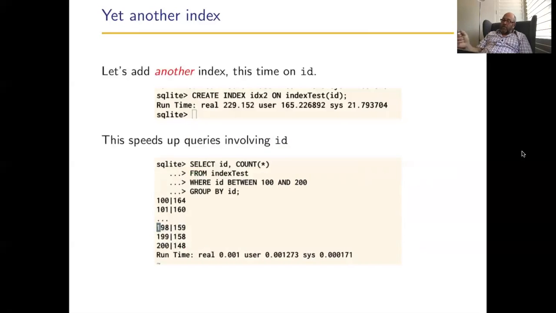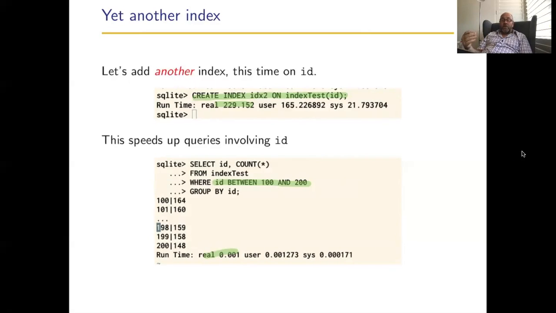Okay, if I now create another index, or a second index, it's on the id column. Now that takes even longer to do the indexing, to create the B tree, but once the B tree is created, it's just there. You don't have to recreate it again. And if we now do a query that involves id, even a query that's not all that easy, like where the id is between 100 and 200, well, it just took 1,000th of a second again.